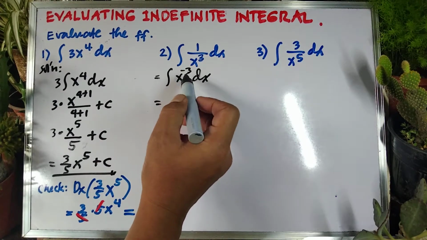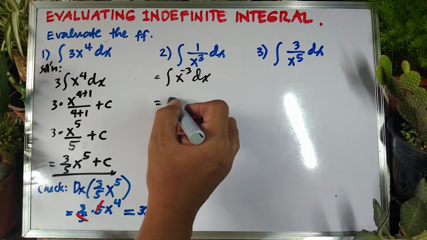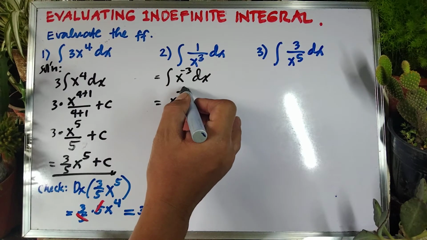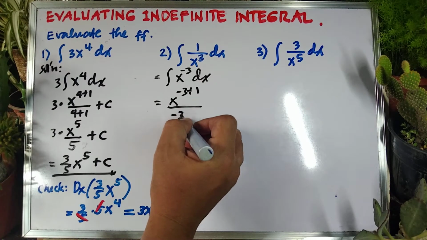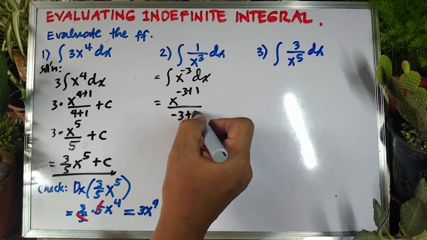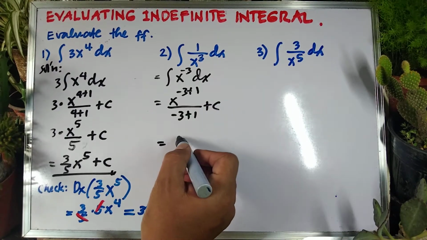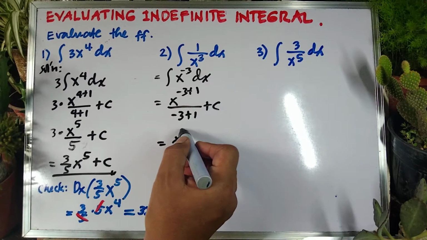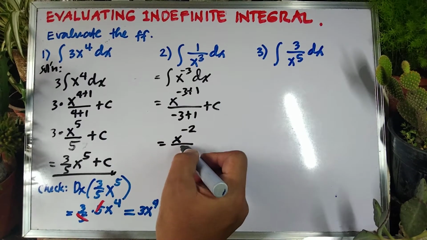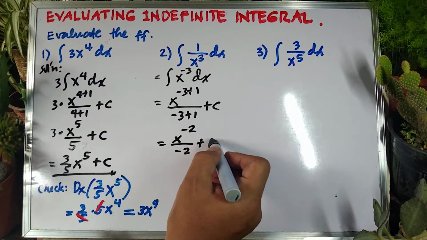So, that is, the integral of x to the power of negative 3 dx is, mag-a-add lang tayo ng 1 sa exponent over, you copy the exponent, negative 3 plus 1, then plus c. Simplify further. You have x to the negative 3 plus 1, which is negative 2, over negative 3 plus 1 is negative 2, plus c.